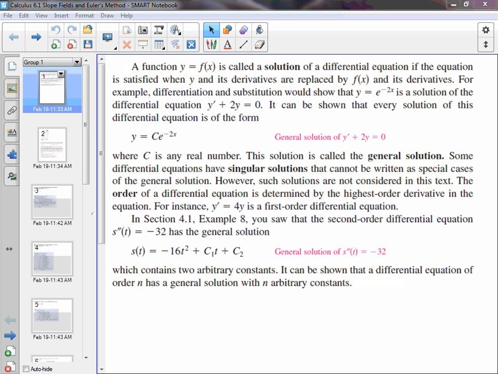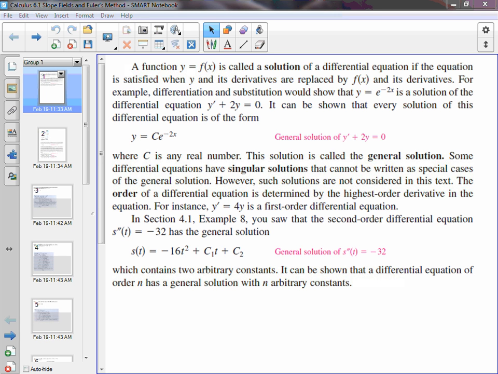So when you replace the original y and the original derivative with what you found to be the y and the derivative and get a true statement, then what you found to be the y is called a solution of the differential equation.